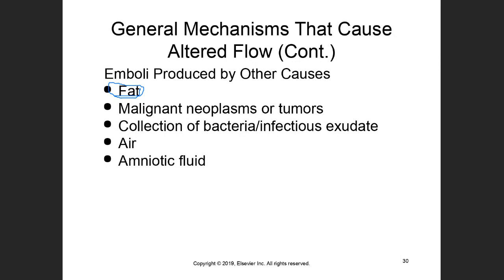Air embolism is from scuba diving. People that do scuba diving can develop air embolism. Amniotic fluid, of course, you know what amniotic fluid is, yes? The fluid that surrounds the baby when you're pregnant.